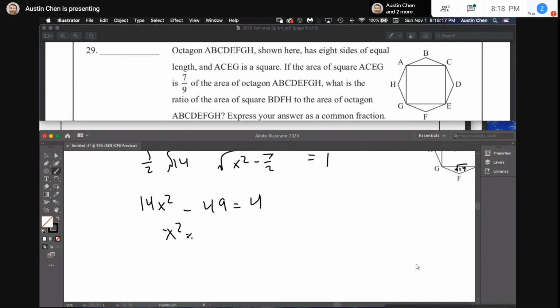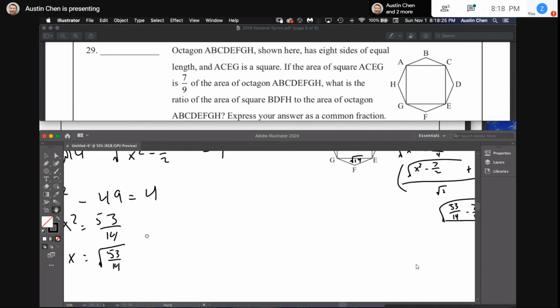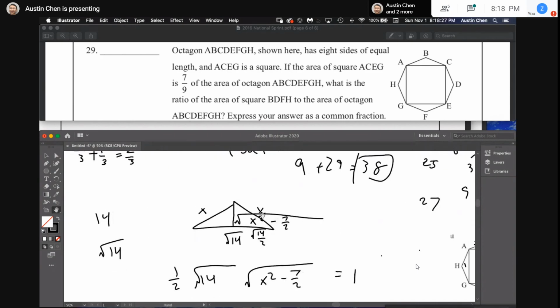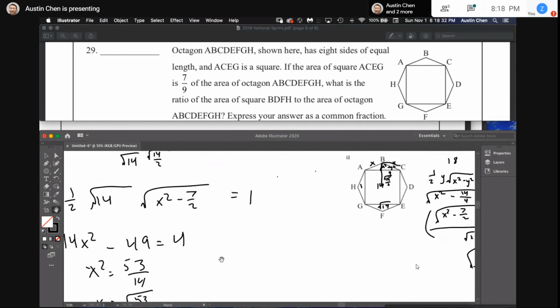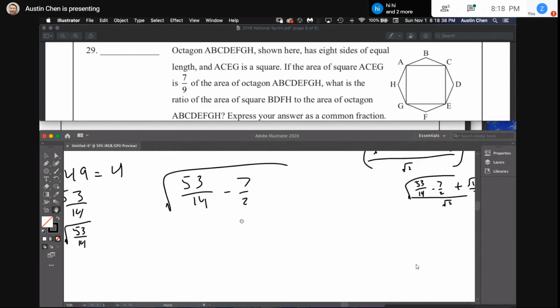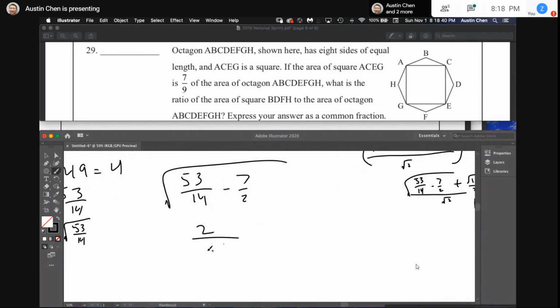And then we have x squared equals 53 over 14, or x equals root 53 over 14. Okay. And then this is root x squared minus 7 halves, right? So then that is root 53 over 14 minus 7 halves. This is just 2 over root 14.